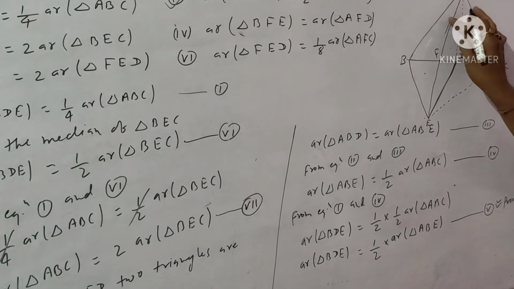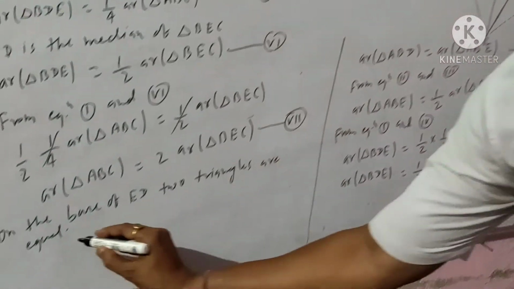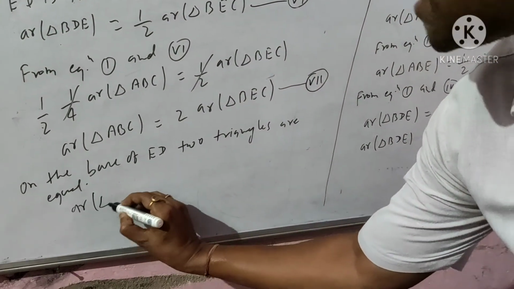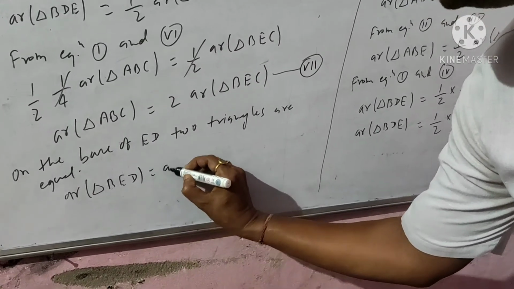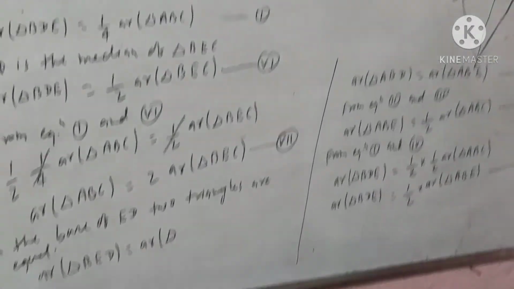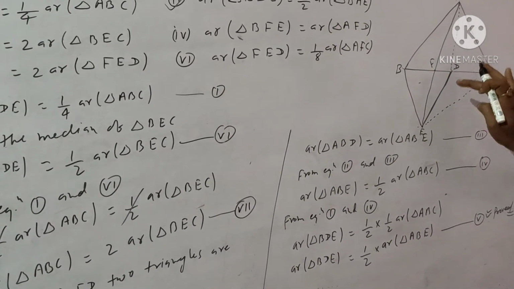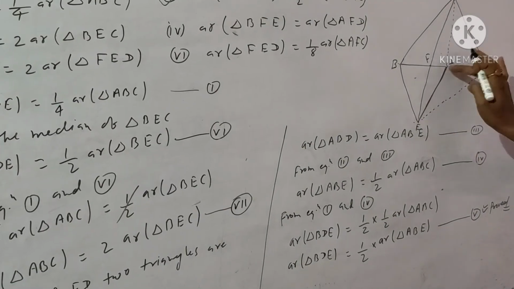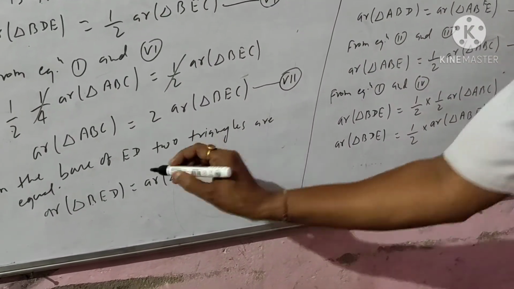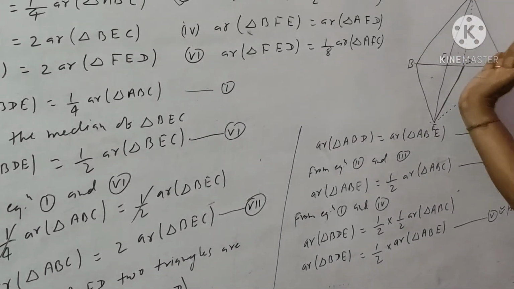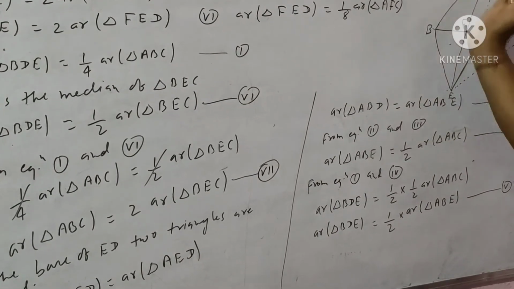So we can write here area of triangle BED is equal to area of triangle AED, on the same base and between the same parallels. That means this line is parallel to this line. Okay, so these two areas are equal.